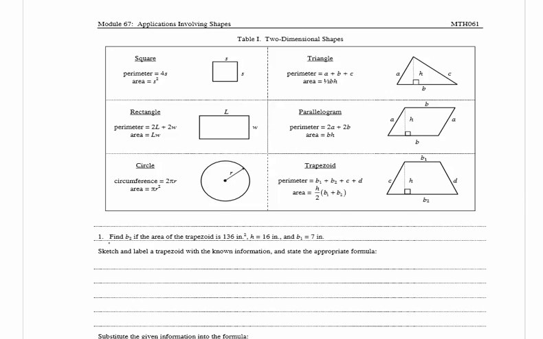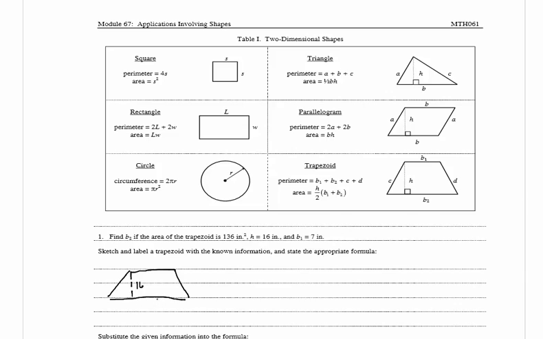So here we have a trapezoid, and we know that the total area is 136 inches squared, and the height is 16. So we have a trapezoid. And we know that this height is 16.